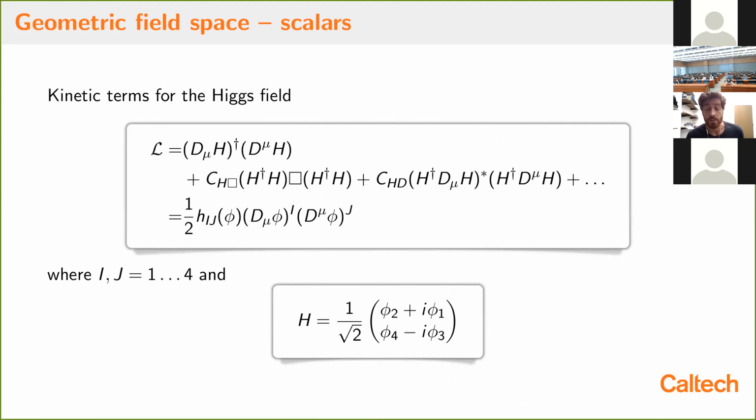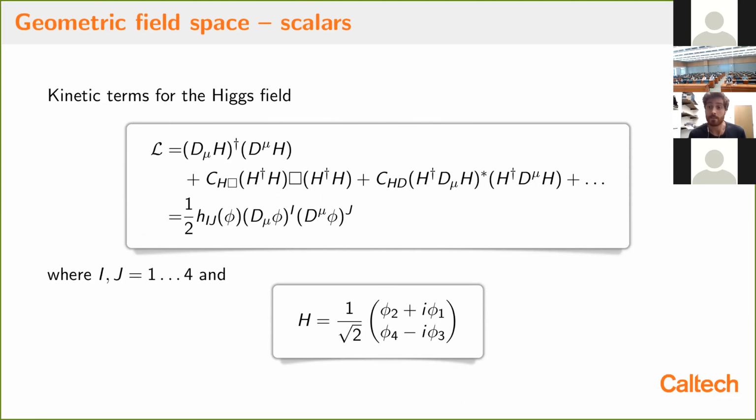This H object is coming from just the scalars themselves. So we can do the same thing as before. We can look at the kinetic term of the Higgs field, and then we can add all the 2 derivative terms with only scalars, and then just regroup them into this 2 derivatives on scalars out front connected to this H_ij metric.